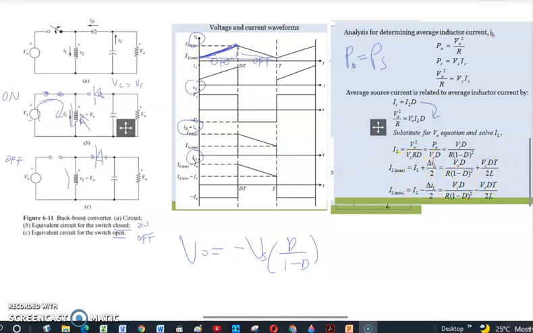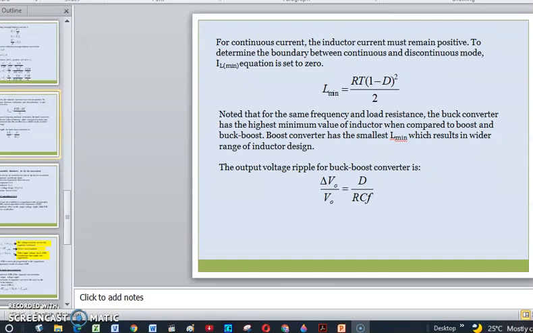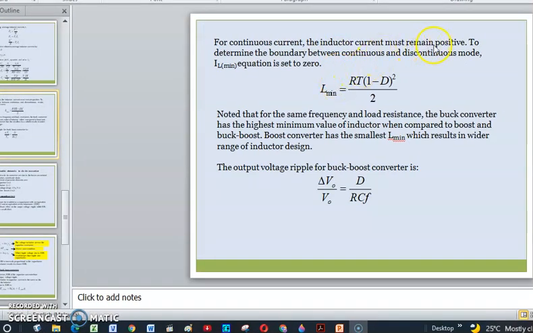For the next analysis, for continuous current mode, CCM, the inductor current must remain positive. To determine the boundary between continuous and discontinuous mode, we can set the equation of the minimum value IL min to become 0.